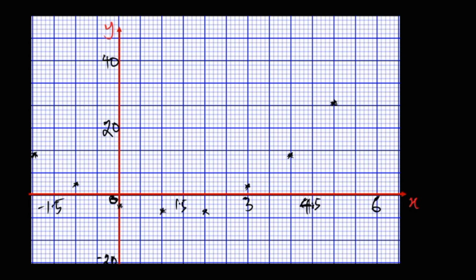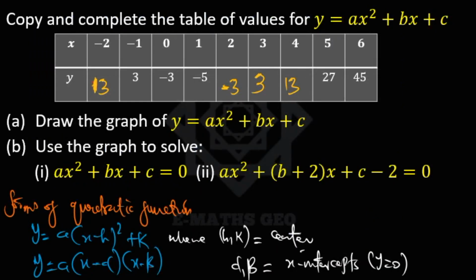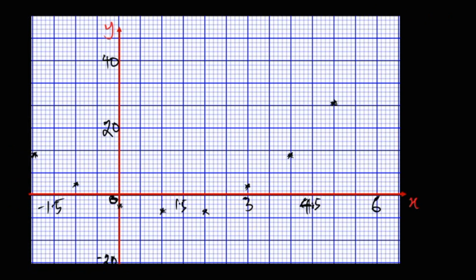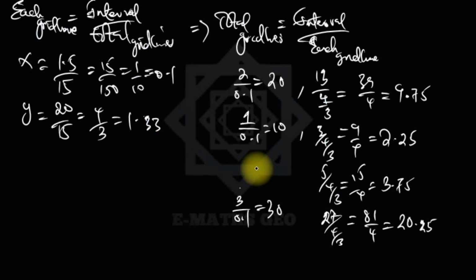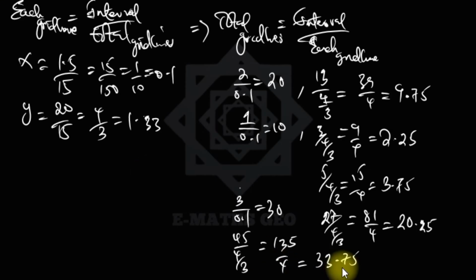So the next one is 4.5 and 6. Let's check 6: 45 over 4 over 3 is 135 over 4, which is 3.75.